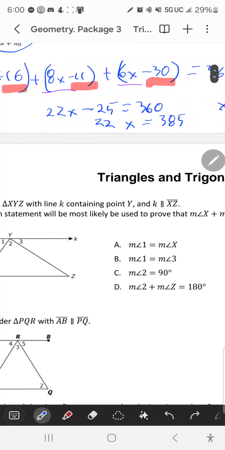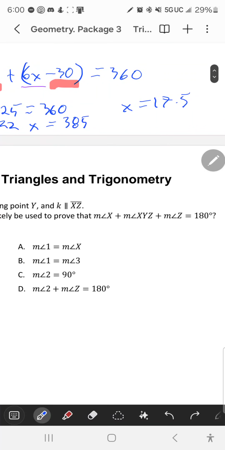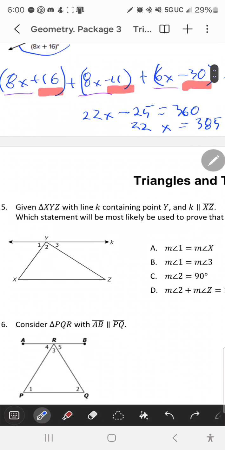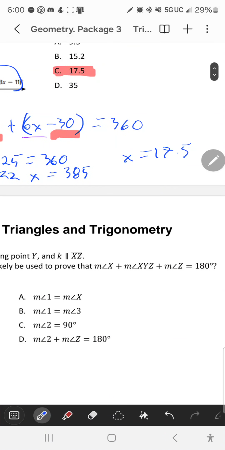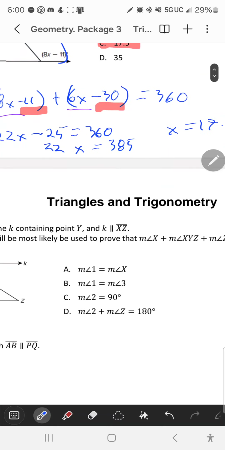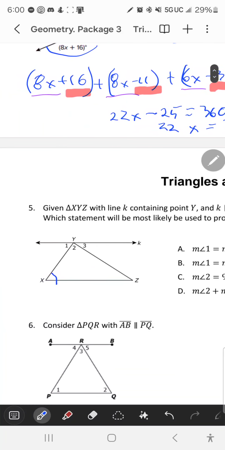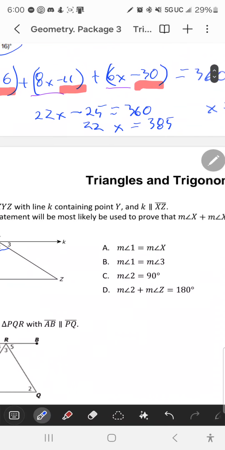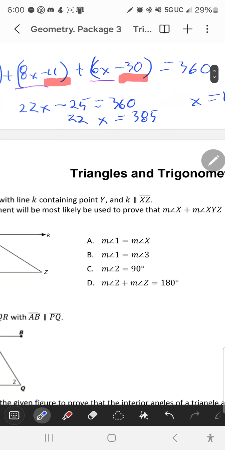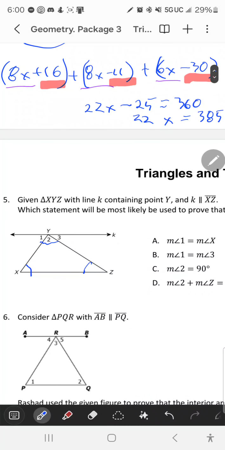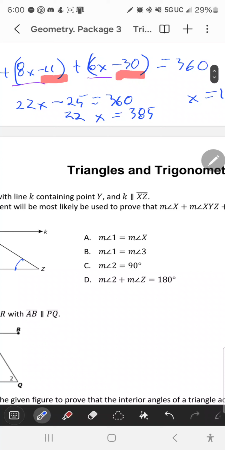Now, which statement could we most likely use to prove that angle x plus angle y plus angle z equals 180 degrees?